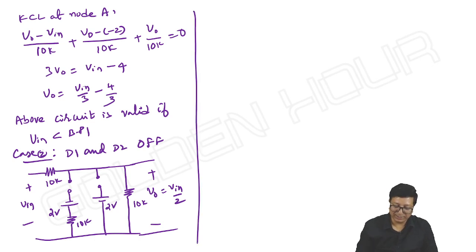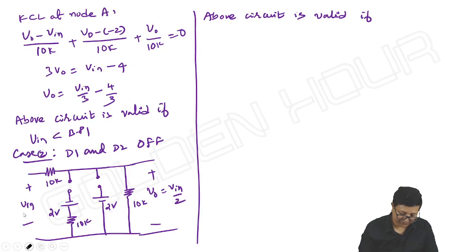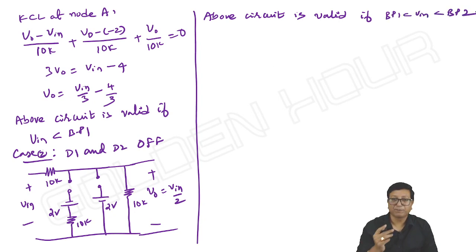Above circuit is valid if breakpoint 1 is less than V input, less than breakpoint 2.